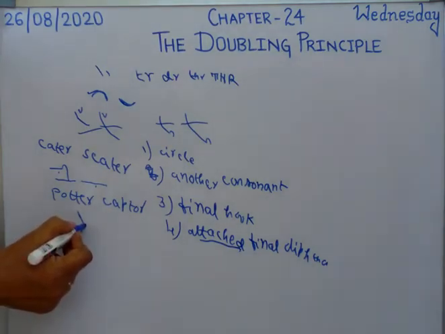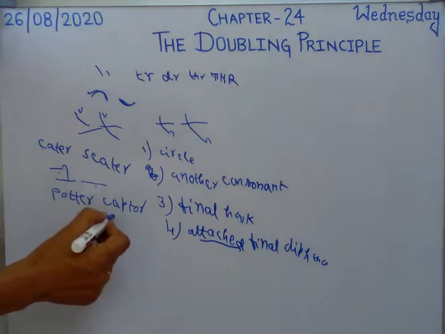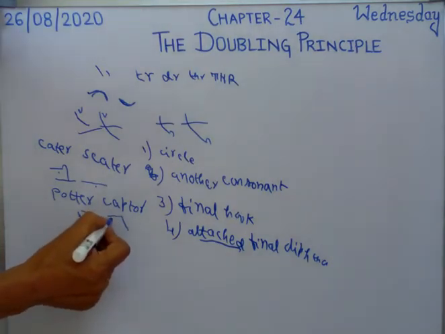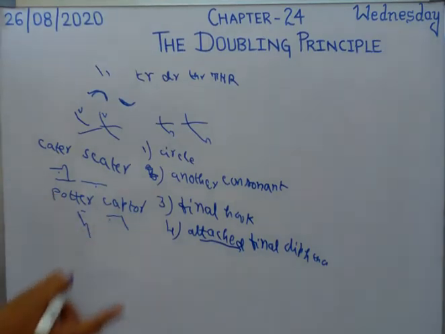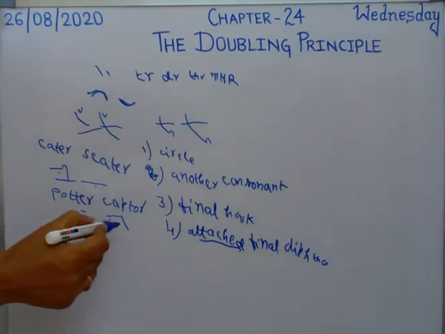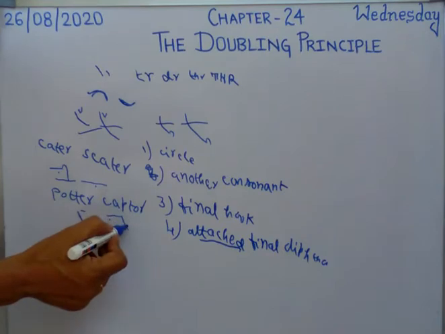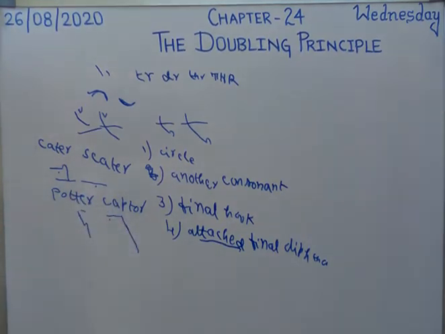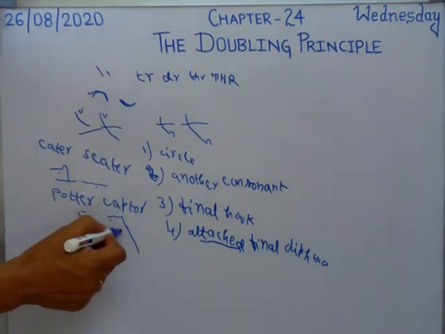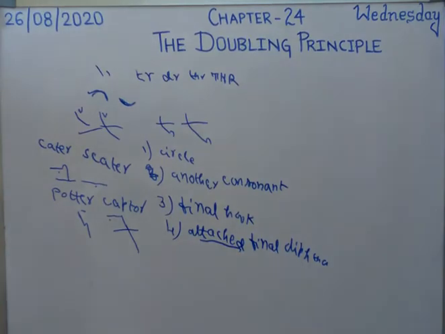For ter, you have to write R and T. In case of captor, K, P, cap. Now by doubling P, you have to add the sound of ter. Here it is possible because for P, another consonant K is attached. So P may be doubled to add the sound of ter, captor.